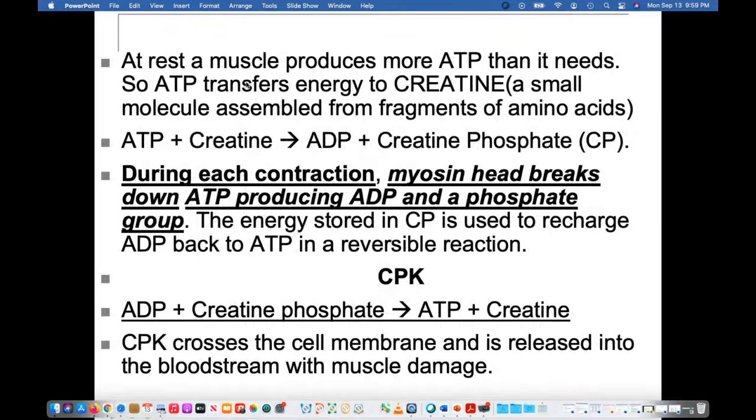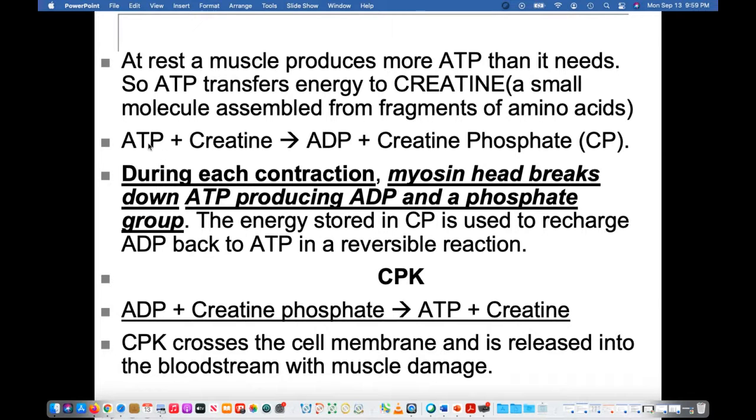Okay? So at rest, muscles produce more ATP than it needs. So ATP transfers a phosphate or some energy to creatine. So we have ATP, it joins forces with creatine. So this phosphate right here becomes part of creatine.